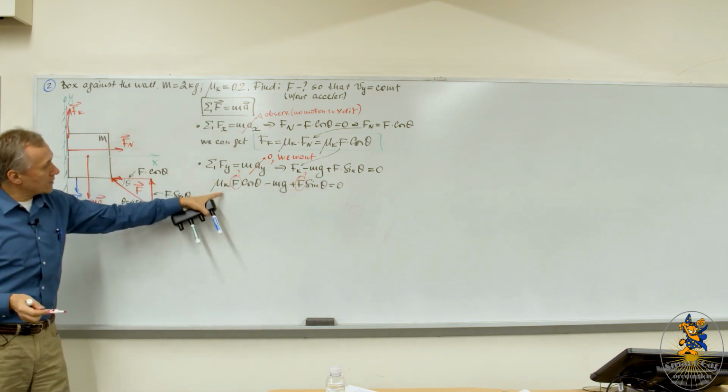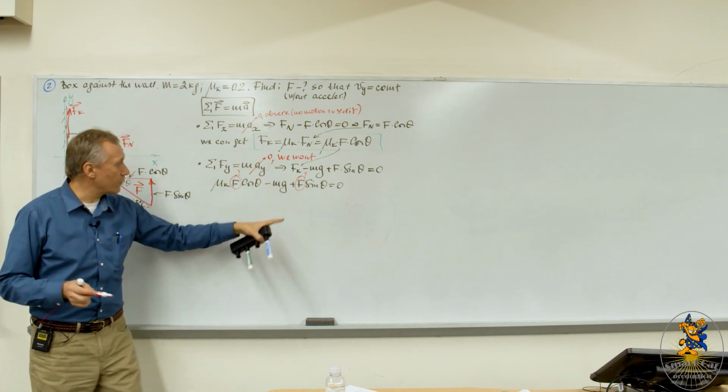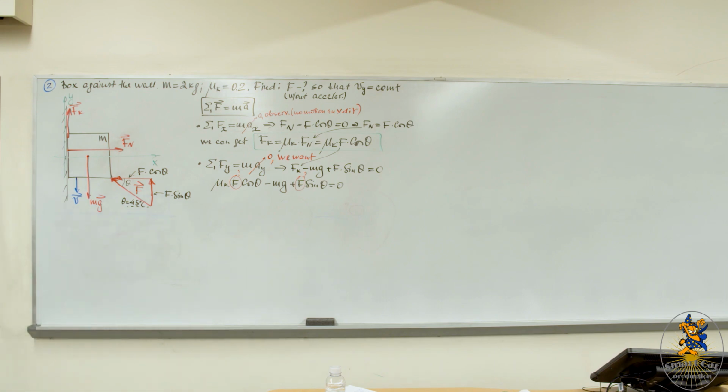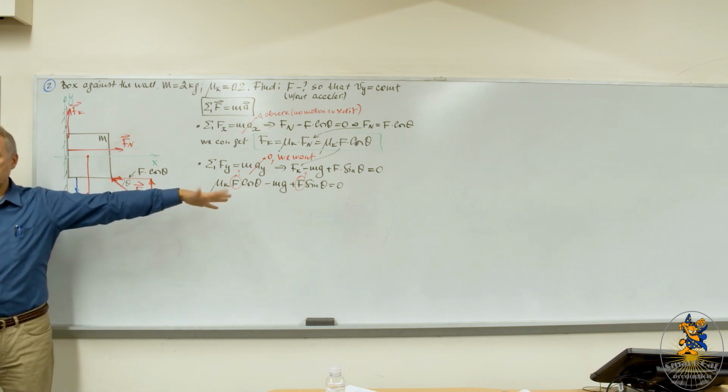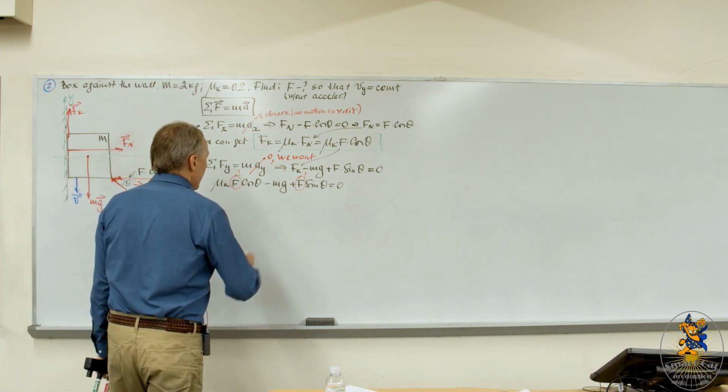Then this is given, the angle is given, mass is given, g of course is given. So one equation, one unknown. Essentially we solved the problem. We just need to write F explicitly in terms of the rest of the parameters.